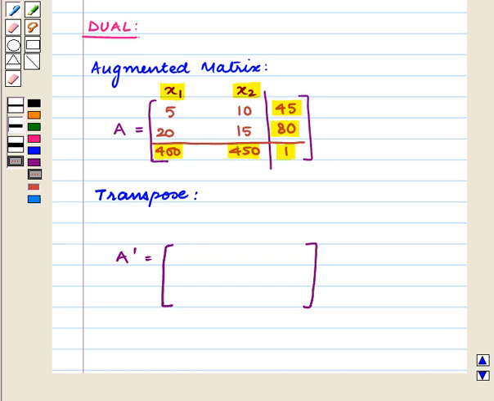A prime is equal to the matrix 5, 20, 400, 10, 15, 450, 45, 80 and 1.